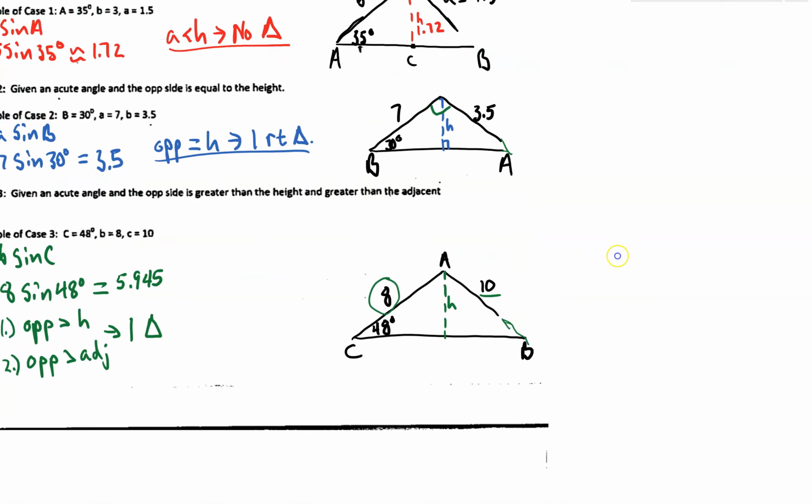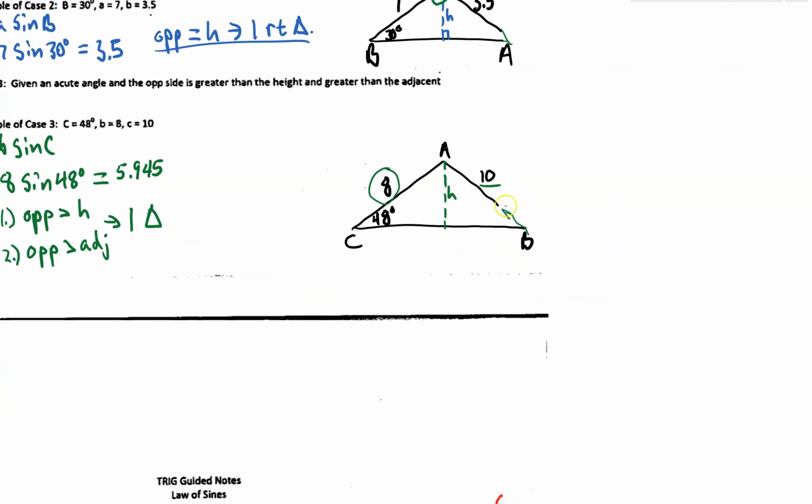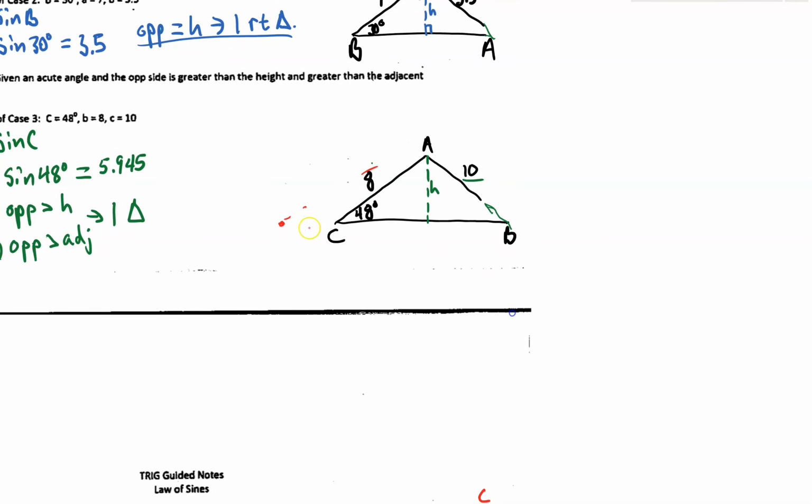If we go back to this one right here, if this is 10, and we swing this inward, this side of 10, if I keep swinging it across here, now 48 degrees is going to disappear, because once I pass this line, yes, we could put another one out here and say that this right here would be 10, but now we don't have that angle. So I hope that makes sense there.